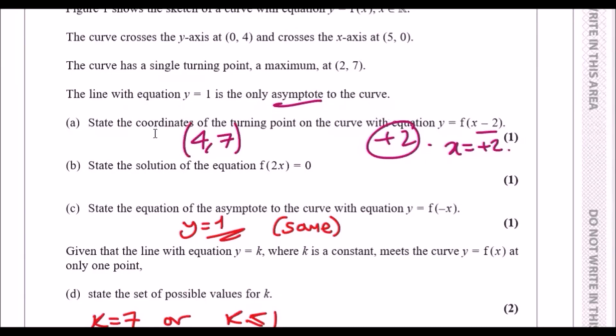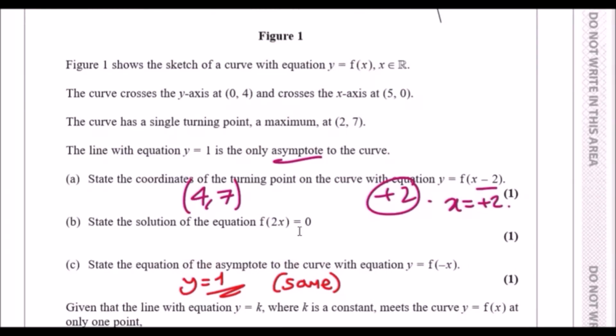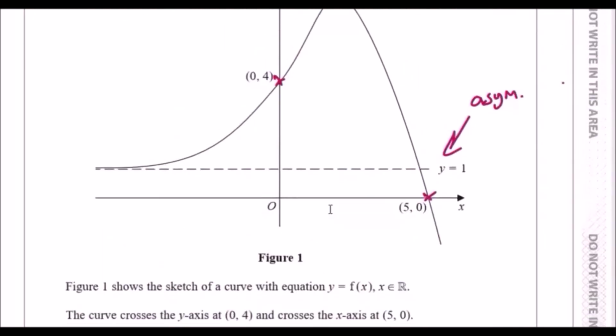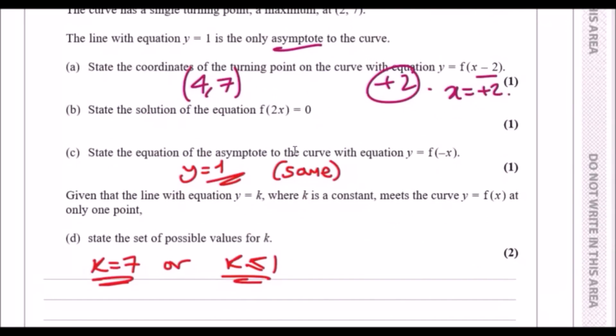B, state the solution of the equation f(2x) equals 0. Notice how this was y equals f(x). This means we're trying to find when the y coordinate is 0, in other words, when it's on the x-axis. And f(2x) means, just like the previous one, that you don't double the x coordinates, in this case you halve them.